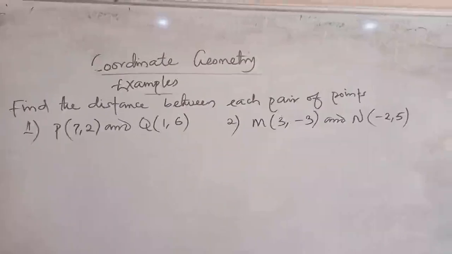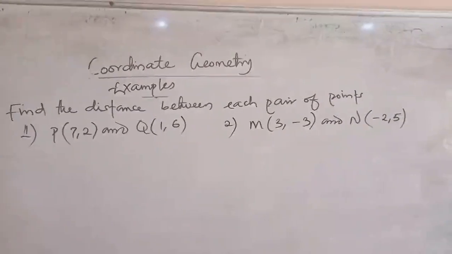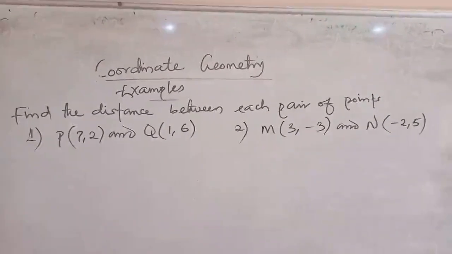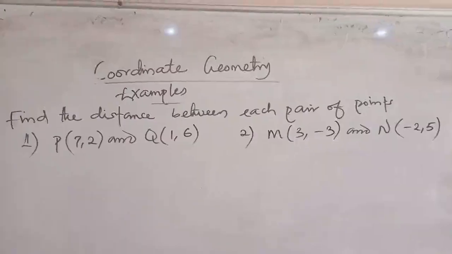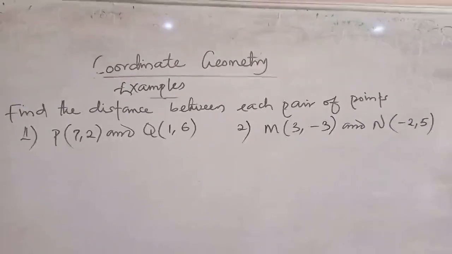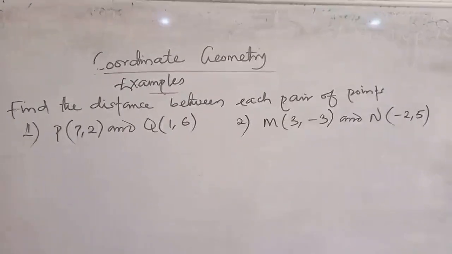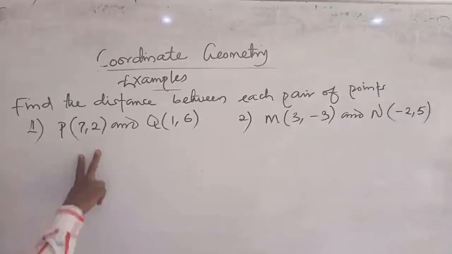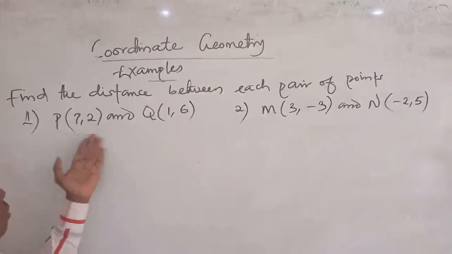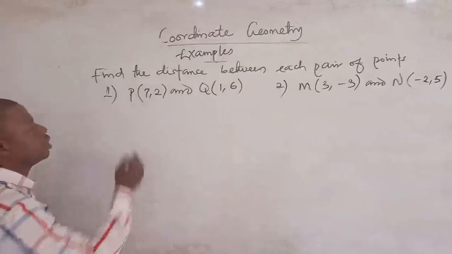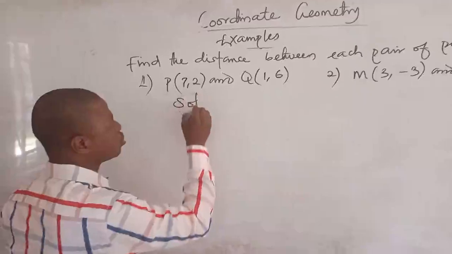Are we set? Alright, so let's attempt this question. We have to find the distance between each pair of points. Number 1, P into 7, 2 and Q into 1, 6. Don't forget, these are the coordinates of P and Q respectively. So, solution.